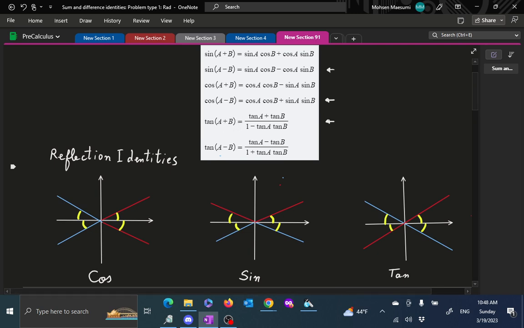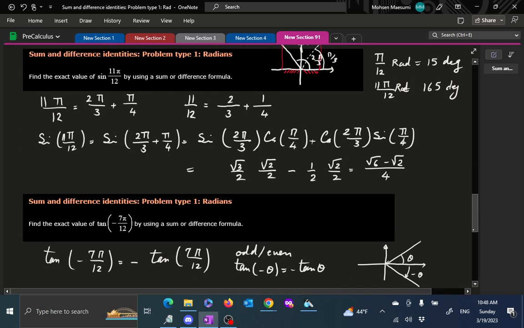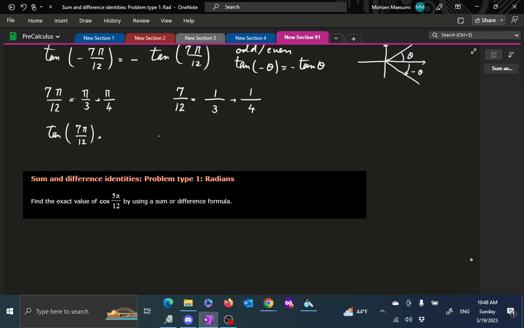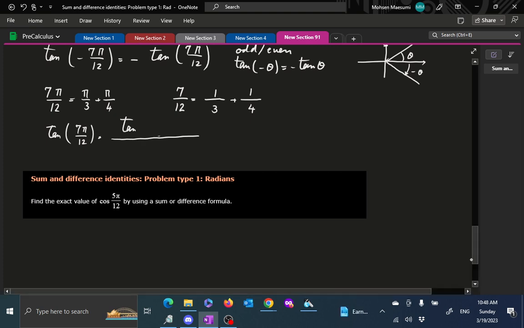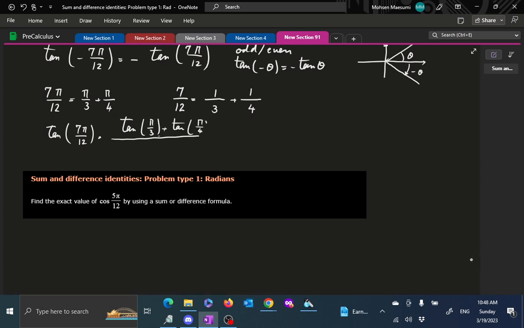Tangent of the sum is sum of the tangents over 1 minus product of the tangents. So that is what we are going to do. So it's going to be one big fraction. Tangent of the ingredients pi third and pi fourth have to be added, and then 1 minus the product of exact same two items we had in the numerator.